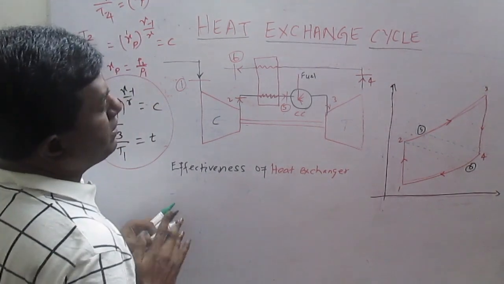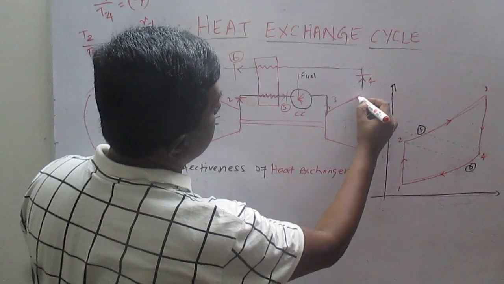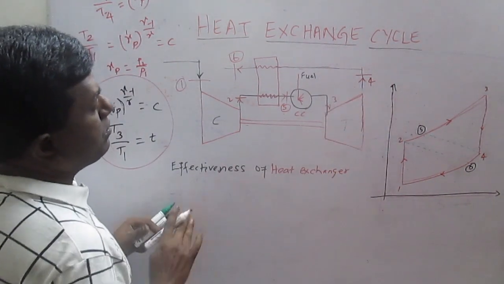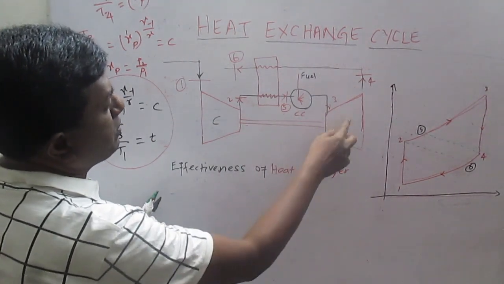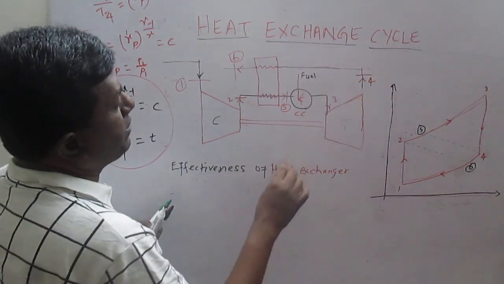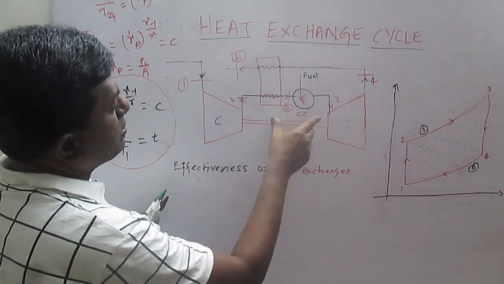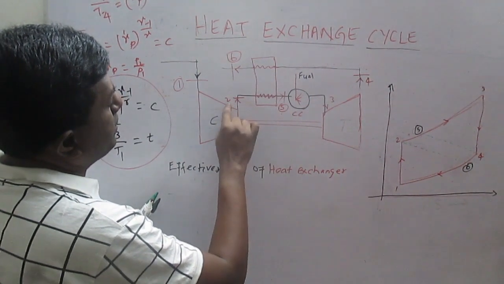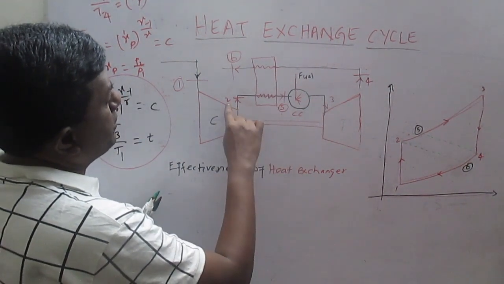That is nothing but what is the actual heat available. That means how much temperature rise happened because of taking the output from the turbine. The actual rise is from T2 to T5, the temperature has been raised from T2 to T5.